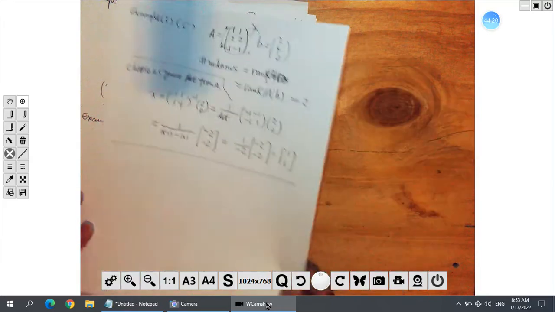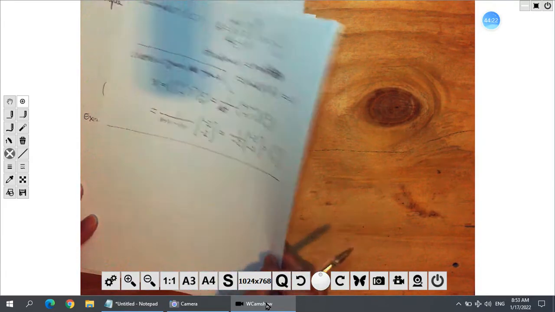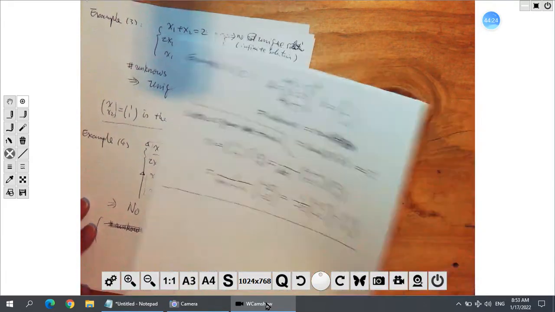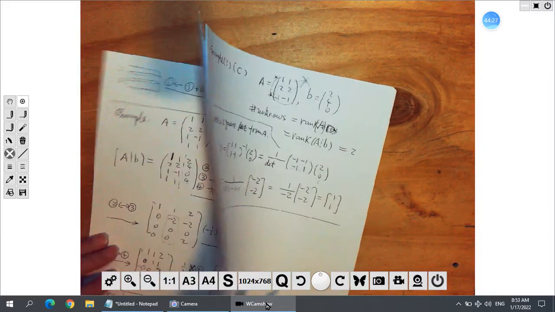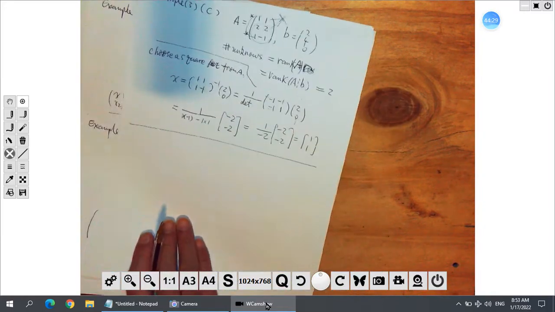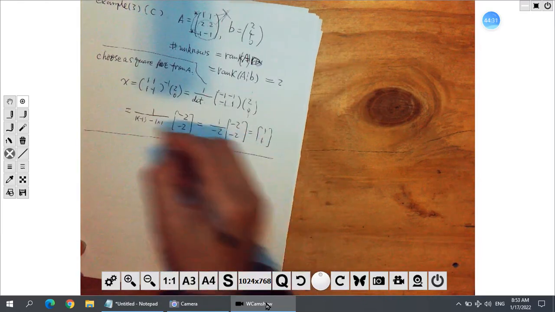And the second case is without solution. The previous one is a unique solution case.